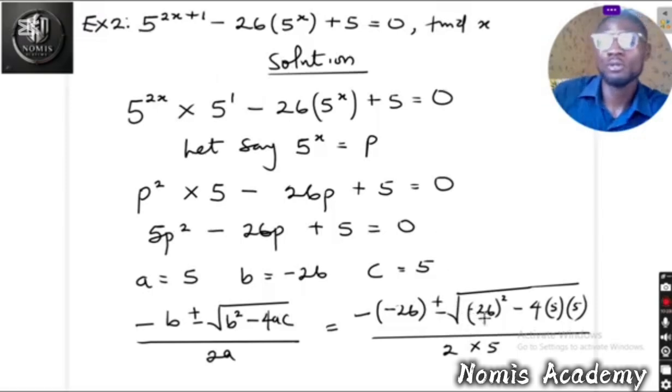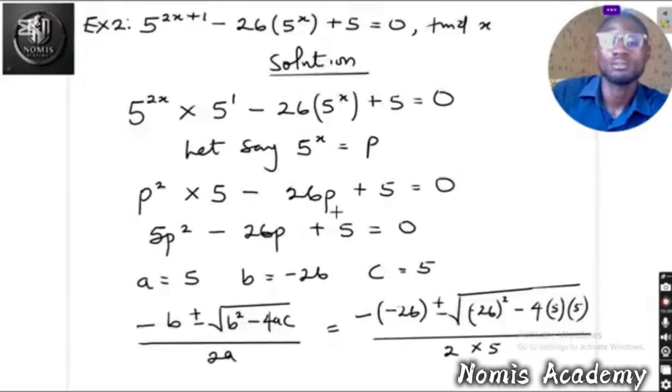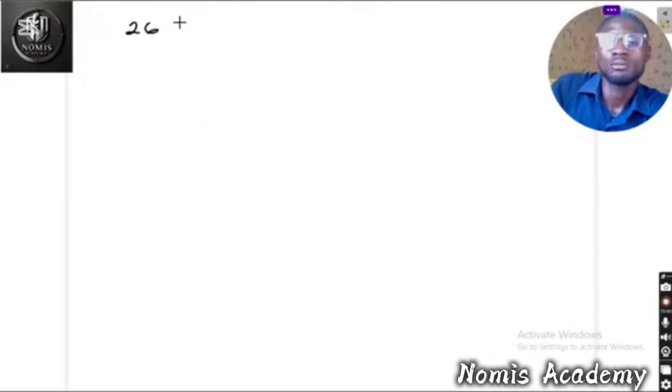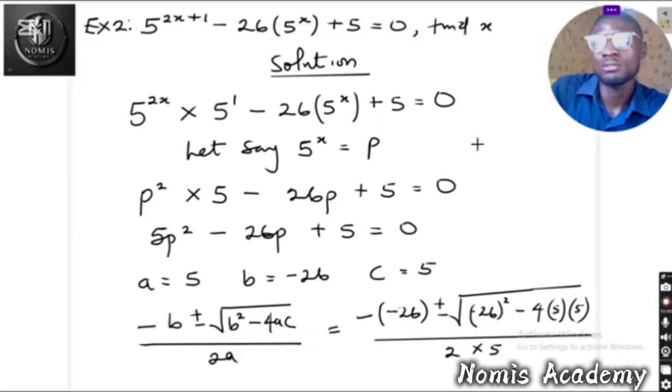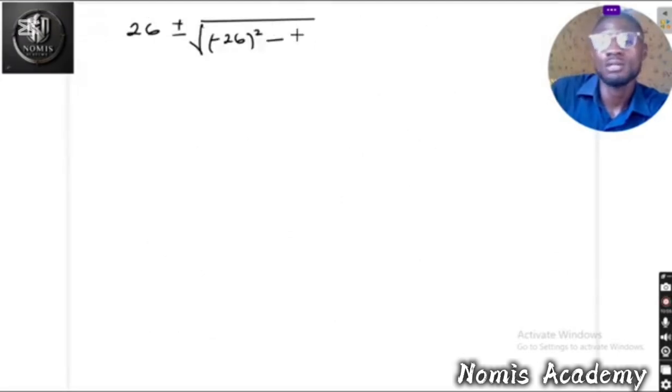So here we have plus or minus the square root of minus 26 squared, minus, so what we have here is 4 times 5 times 5, and that is 100, all over 2 times 5 is 10.